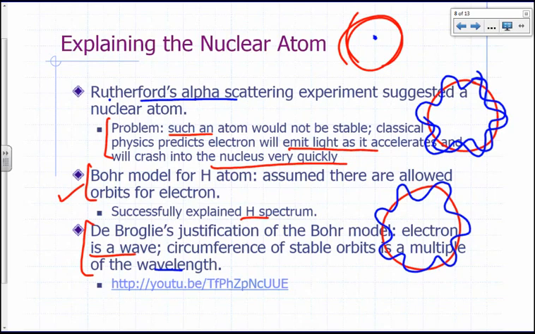In cases where you get destructive interference, you have a disallowed orbit. In cases where you have constructive interference, where the circumference is a multiple of the wavelength, then you have a stable orbit. Of course, like I said, that model is no longer accepted because the Bohr model suggests a very precise, well-defined orbit, which is no longer acceptable, as you've seen.